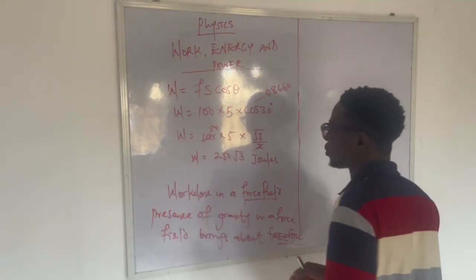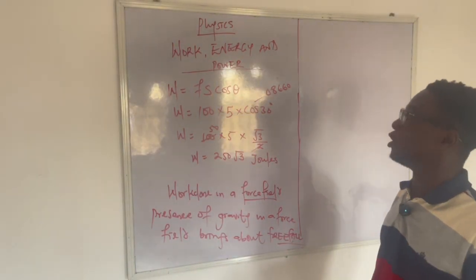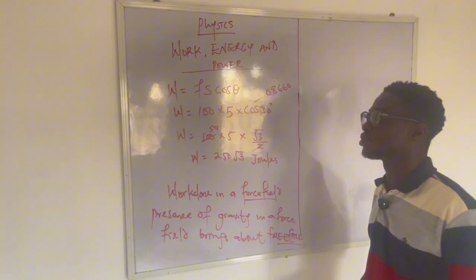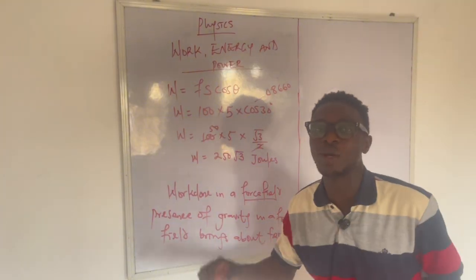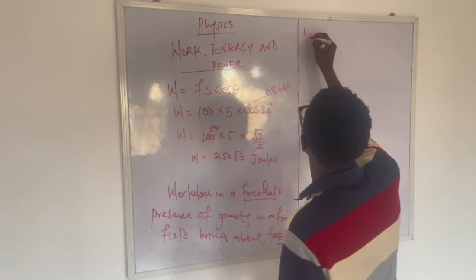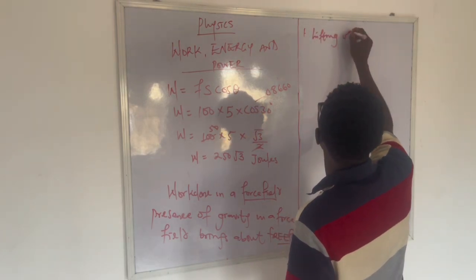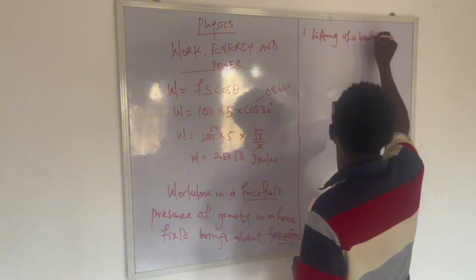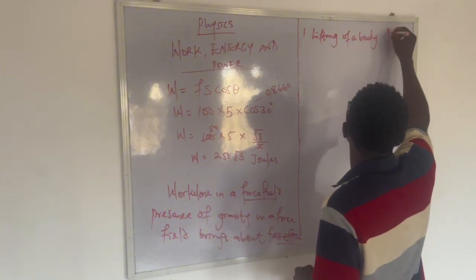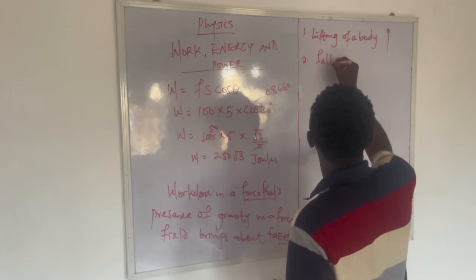Now, when we talk about free fall, we are talking about a force field, meaning we are talking about the lifting of a body. When a body is lifted, that is an upward force, and the second one is a falling body.